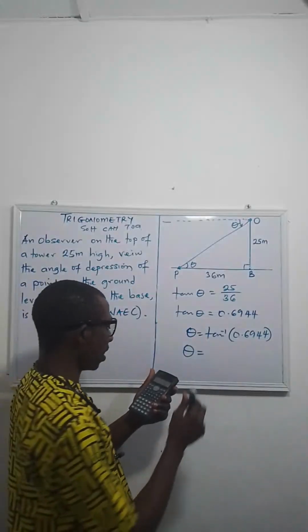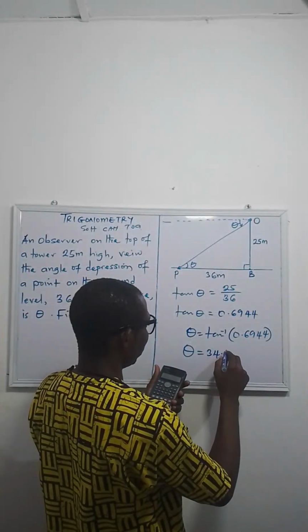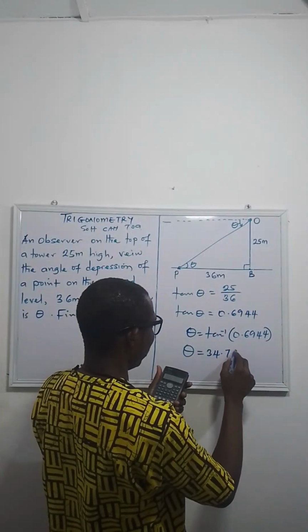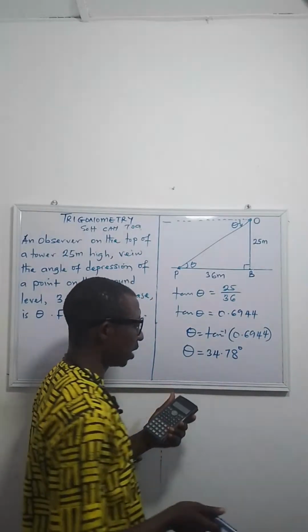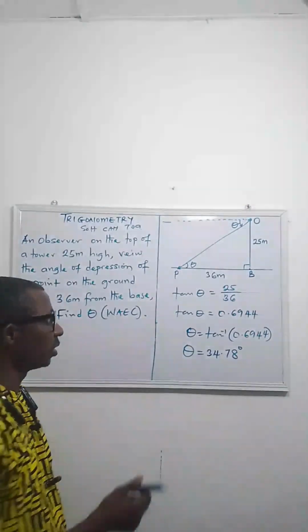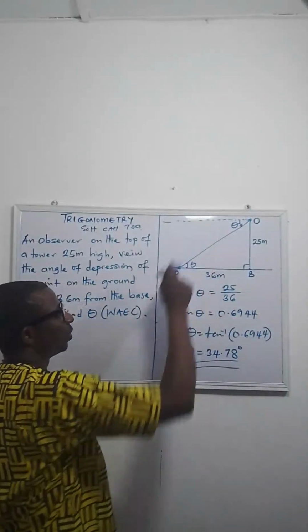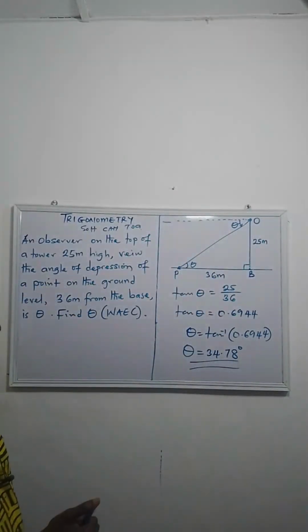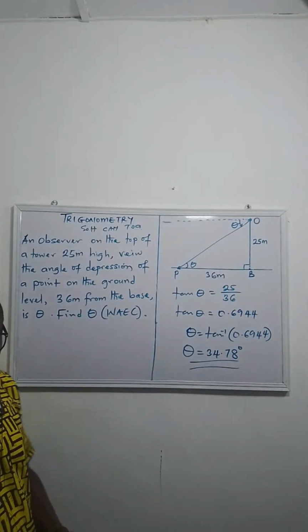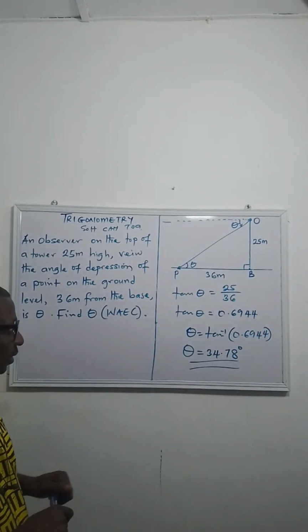So you have 34.78 degrees. So that is going to be the angle of depression. That is the answer to the problem. I want to believe we all understand this.